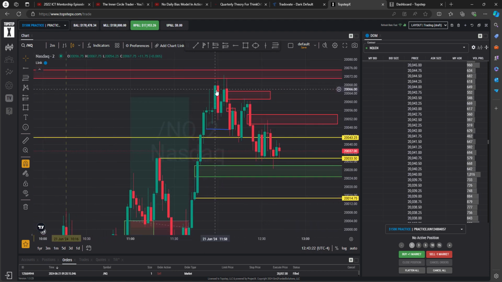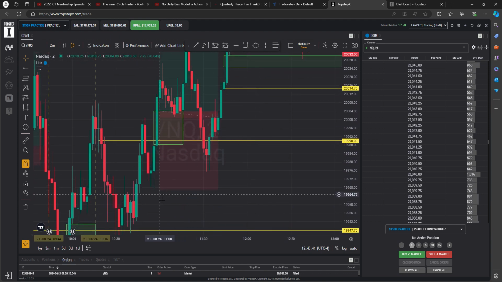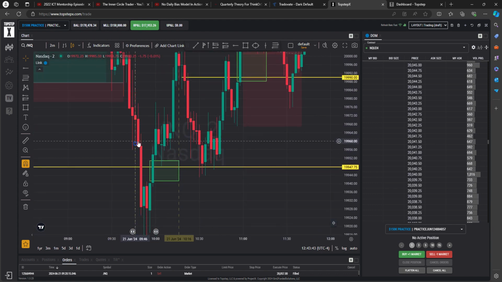We swept that, make a short-term high, come down, and sweep this again, so that's two sweeps. That's double, two confluences in my books. Boom, we displace. That's a third confluence, and we make an FVG. That's my fourth confluence. That's why when people say unicorn setup is higher probability, that's the reason why. You just have more confluences to your trade.